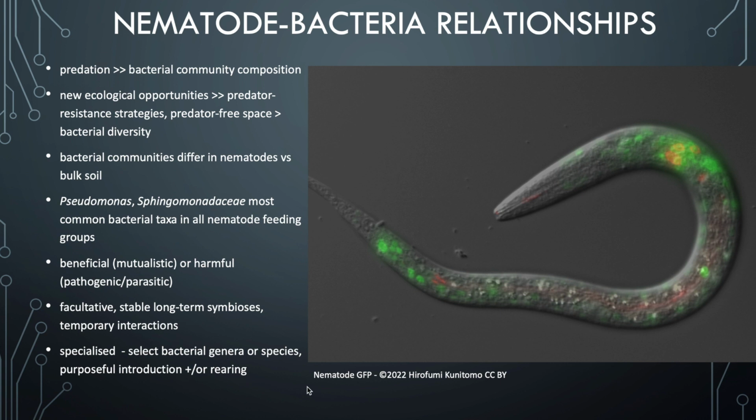And it is very much exactly like our gut, filled with our own bacteria, depending on the particular foods we eat and the particular lifestyle we have. It's all very specific. This beautiful image is that of a green fluorescent protein labeled nematode from Japan.